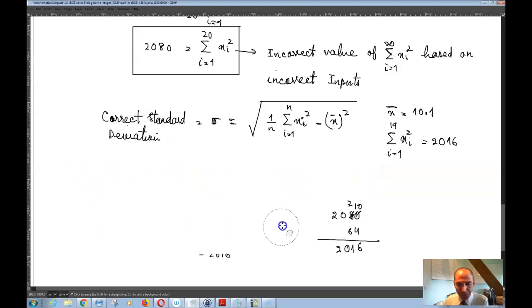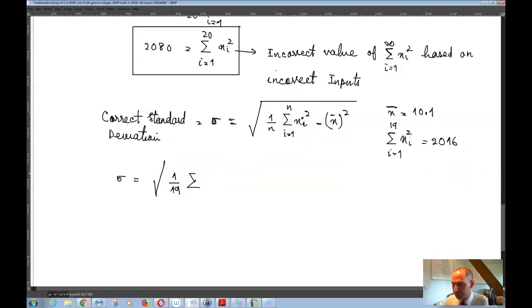So I can calculate my sigma. My sigma over here is equal to the square root of 1 over n, which is 1 over 19, times sigma of x of I squared as I goes from 1 to n, which is equal to 2016, minus x bar squared, which is 10.1 raised to the second power.